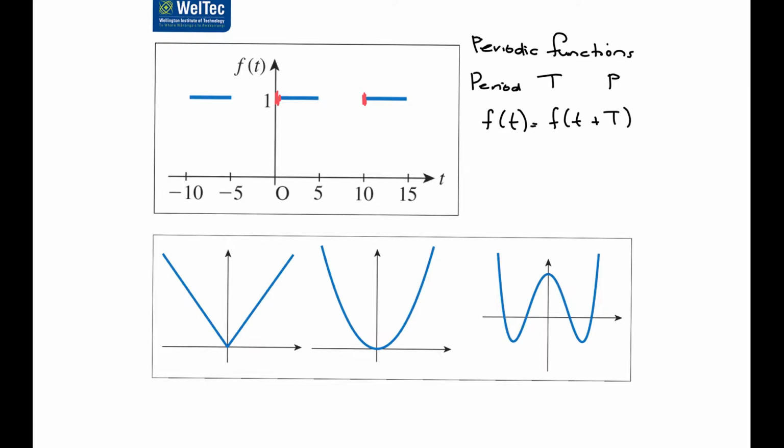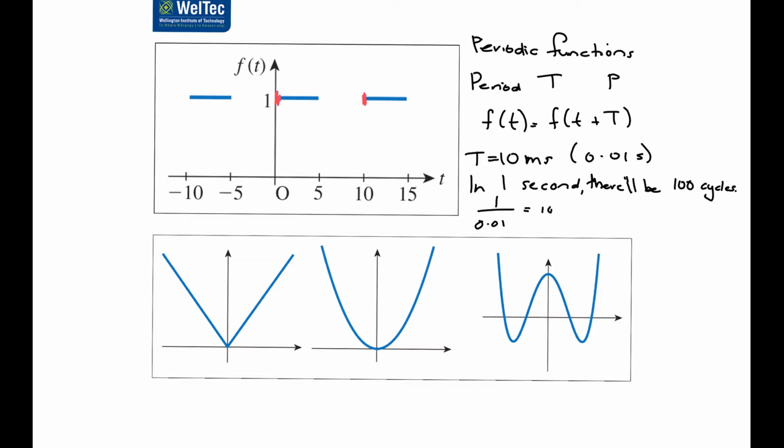So we can figure out that the period is equal to 10 milliseconds, or 0.01 seconds. Then if we think about that in 1 second there'll be 100 cycles. And that is because 1 over 0.01 is equal to 100.